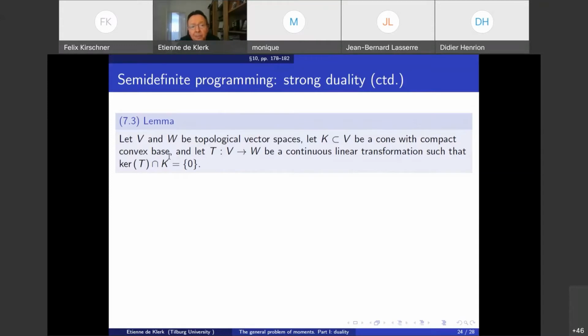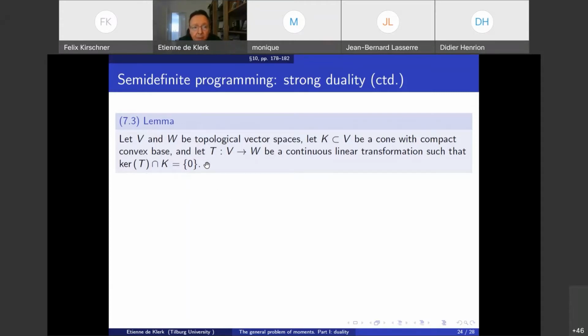For example, if we take the positive semi-definite matrices of trace 1, then this is going to be a compact set in the space of matrices, and every positive semi-definite matrix in the cone is some non-negative multiple of such a matrix. So definitely the positive semi-definite cone has a compact convex base.